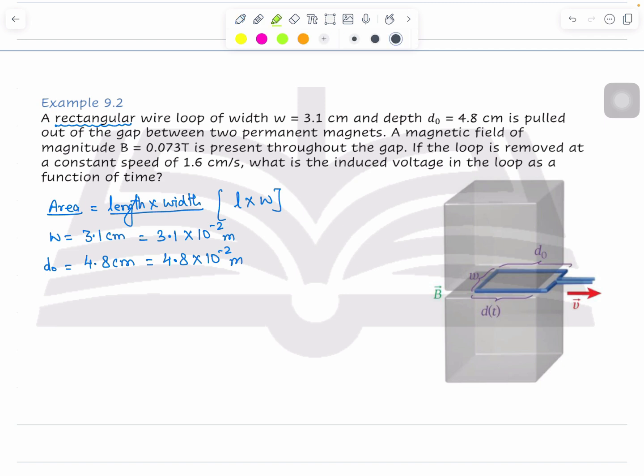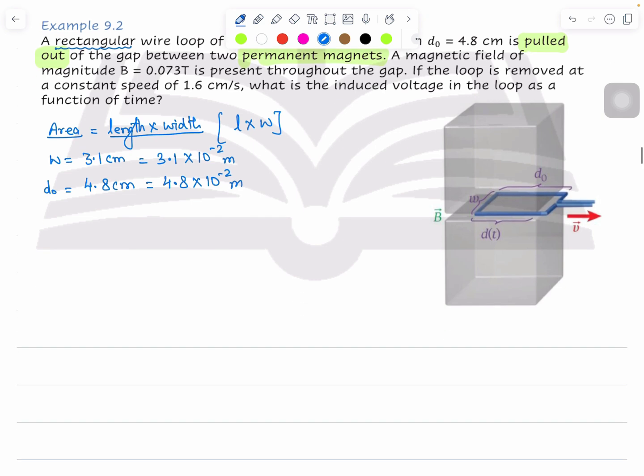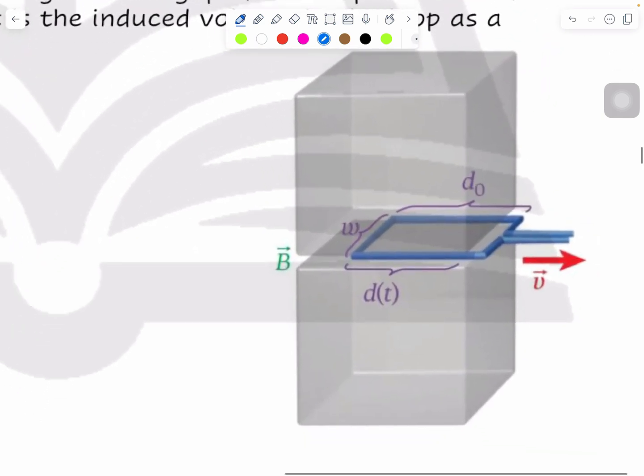This is the keyword for you. Is pulled out of the gap between the two permanent magnets. Okay, what you need to understand, let's say this is the complete body. And if you take it out, first, where is it, here, yes or no? It is like this.